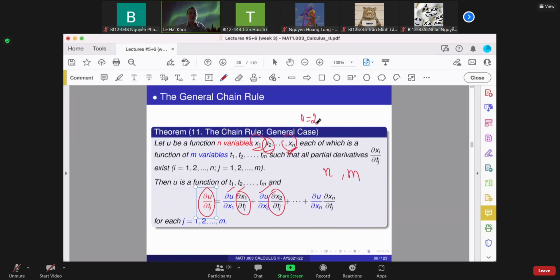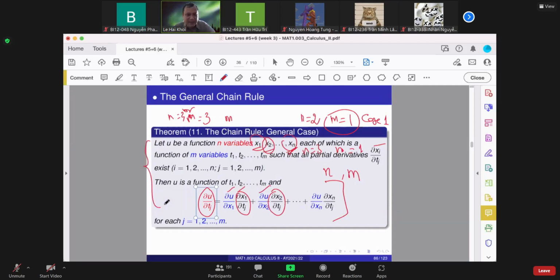When n equals 2 and m equals 1, we have case 1. n equals 3, m equals 1, we also have case 1. But when n is 2, for example, and m equals 3, you have a different case: three variables for each main variable. Then you have to apply this situation. And remember this, you understand what to do.